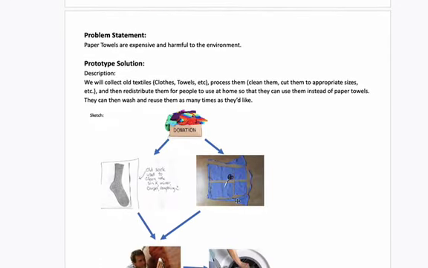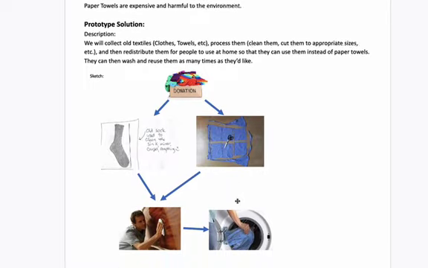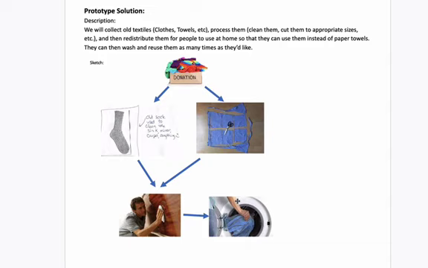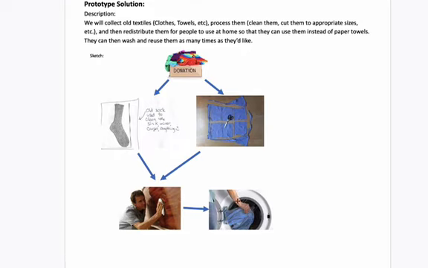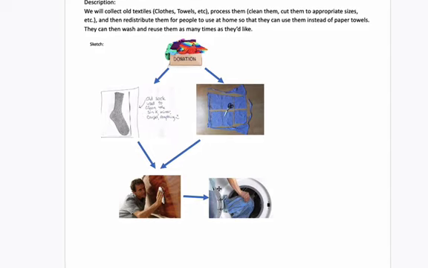Here's another one that was generated by chemistry teachers. So the problem is paper towels are expensive and harmful. So the solution is to take old things that are gotten rid of, clean them, and then redistribute them to people's houses so that they can use those as paper towels instead. So you can see taking donations, cutting them up, and then giving them to the people.